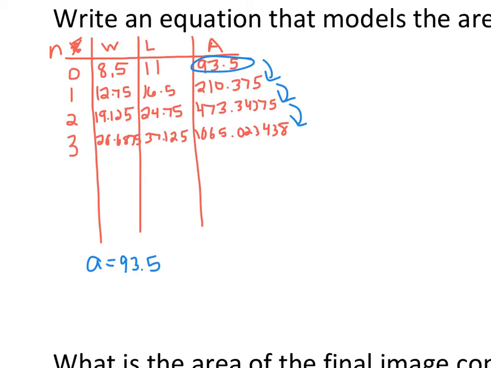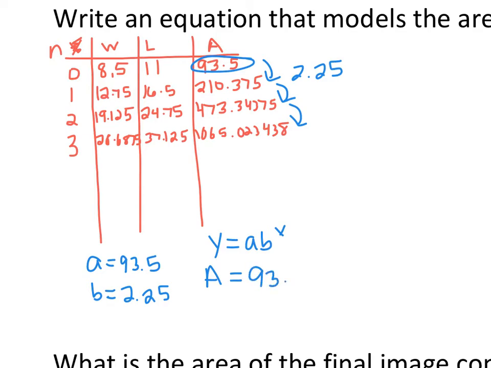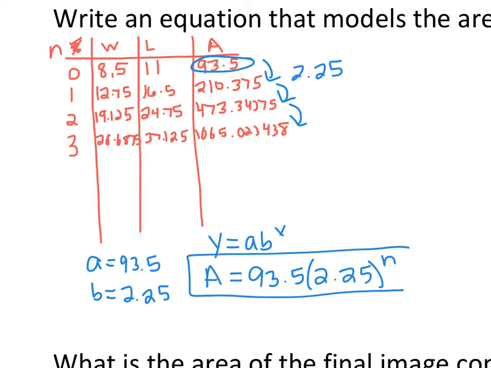And you get 2.25. So the b value is 2.25. So my formula, y equals a b to the x. Remember, we're using A here. A equals 93.5 times 2.25 to the n. So there's our formula.